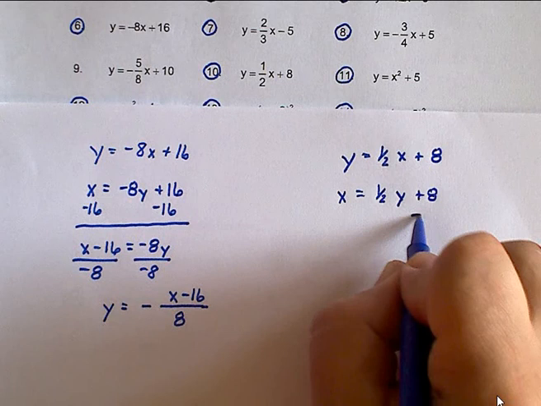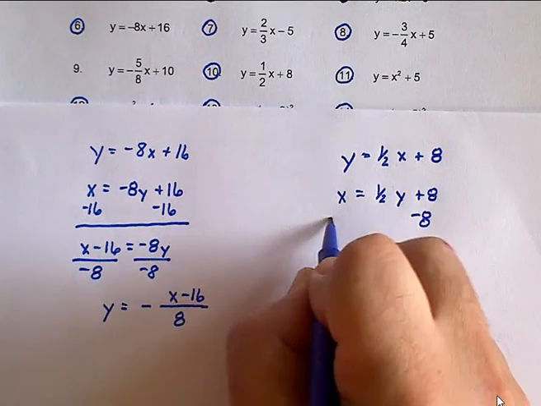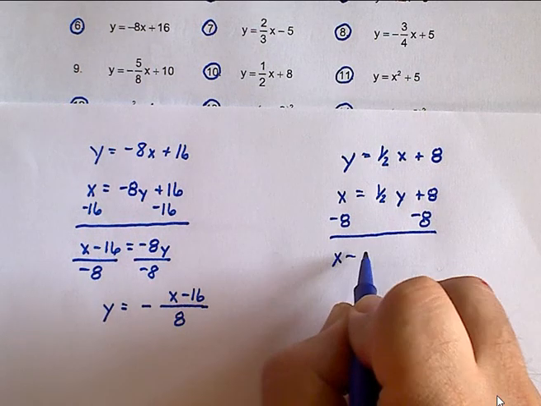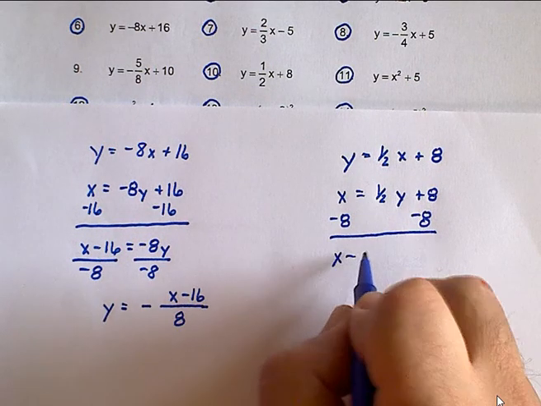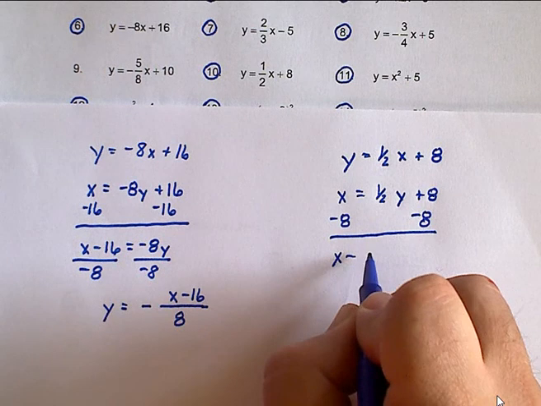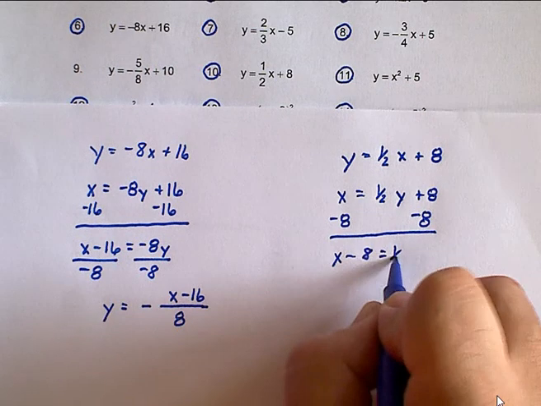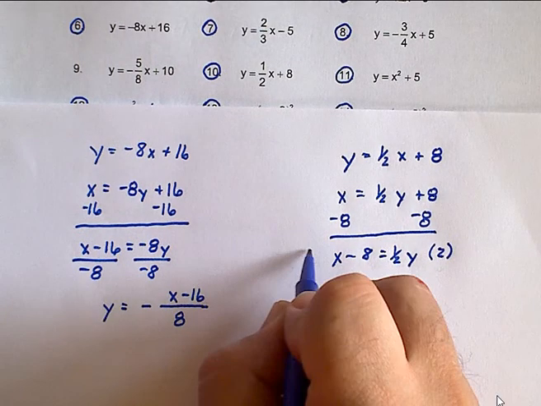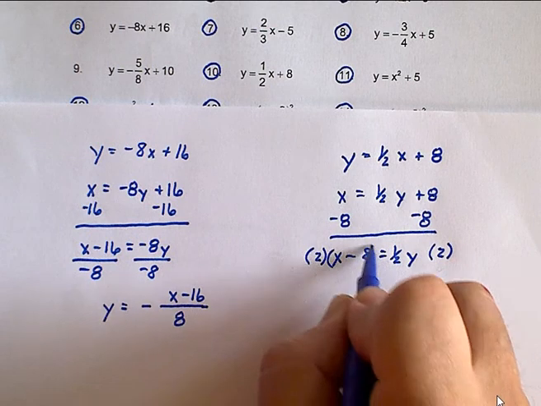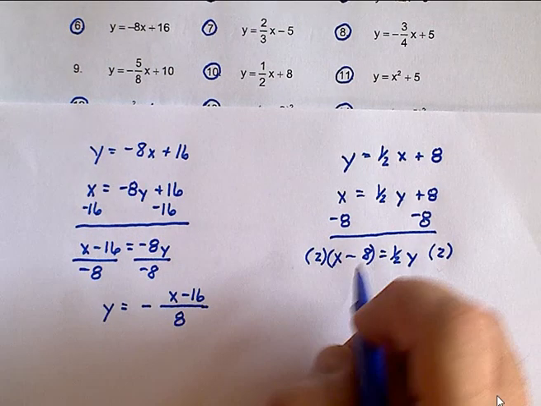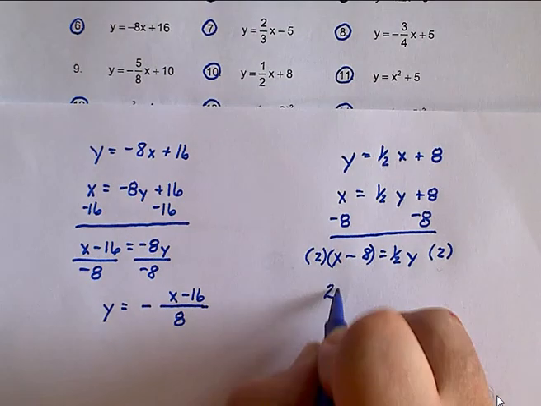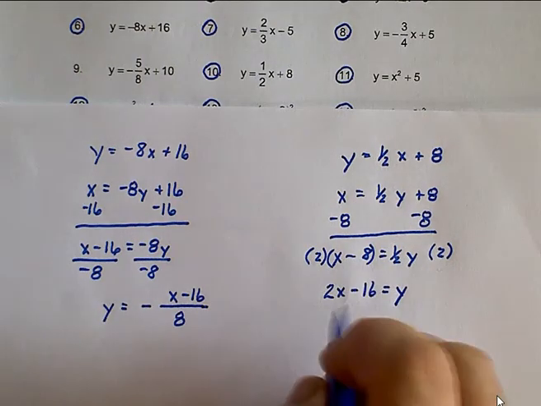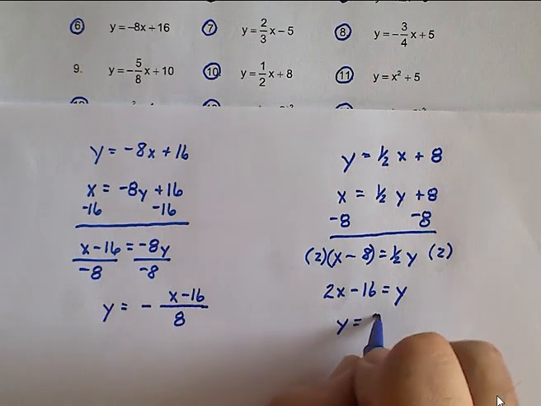So I'm going to subtract the 8 over. And to get rid of the 1/2, I'm going to multiply both sides by 2. And I don't want to forget to distribute that. So this would be 2x minus 16 equals y, or y equals 2x minus 16.